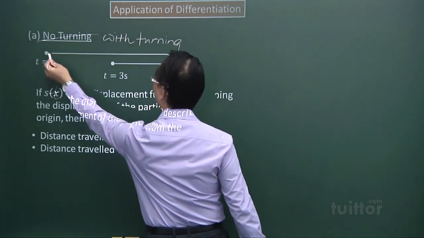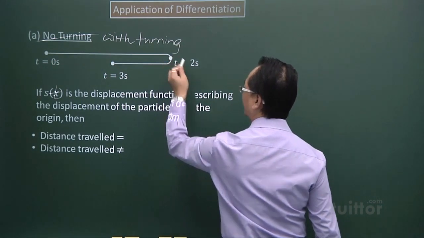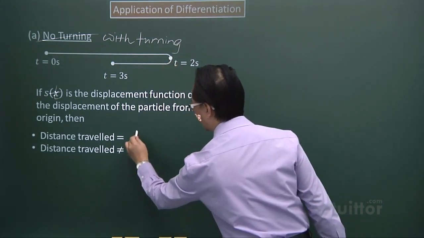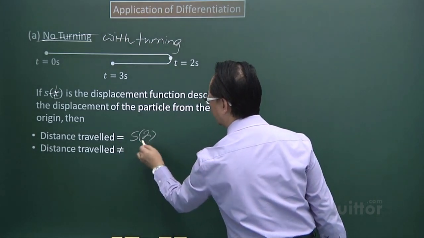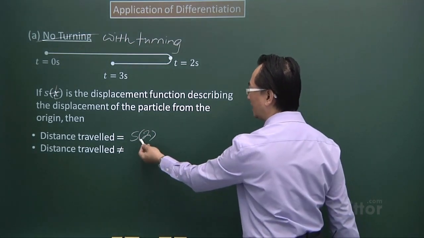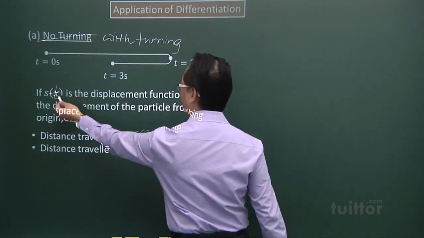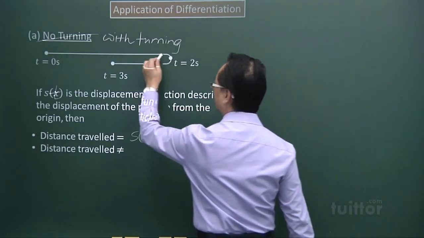So the distance traveled from t equal to 0 seconds to 2 seconds can be found by simply substituting t equals 2 seconds into the displacement function. So that is the distance here.